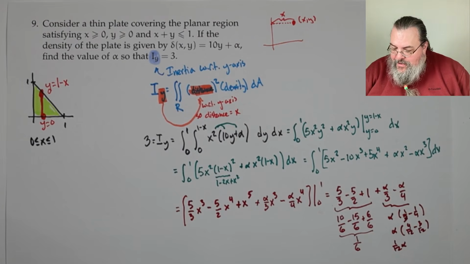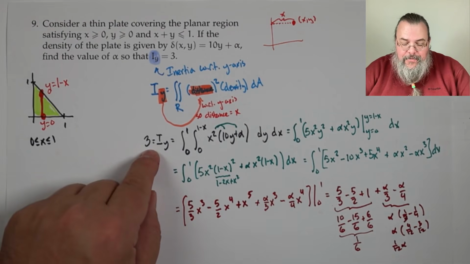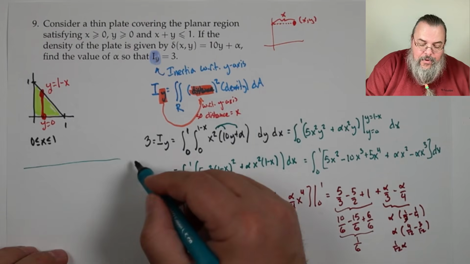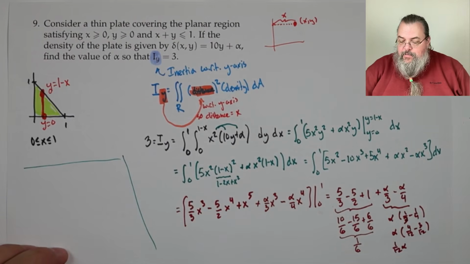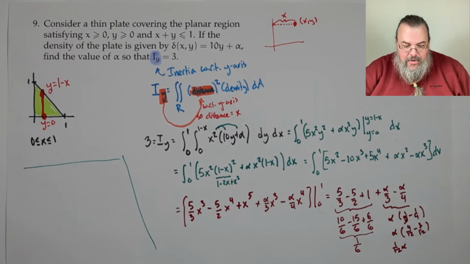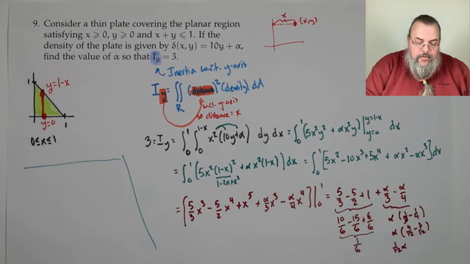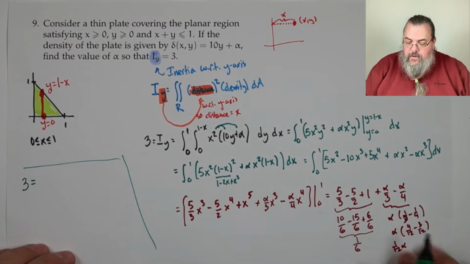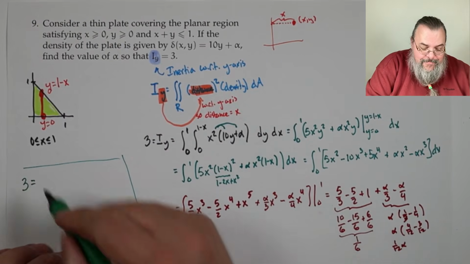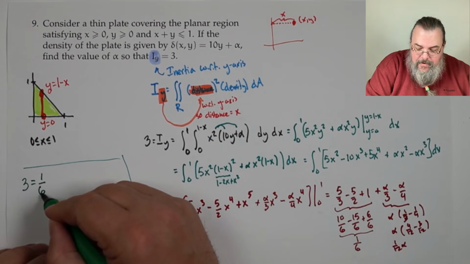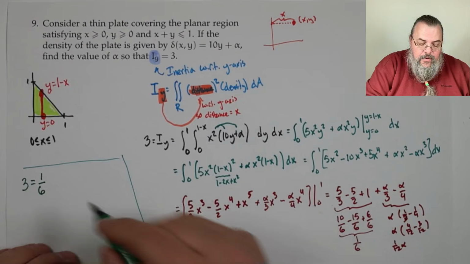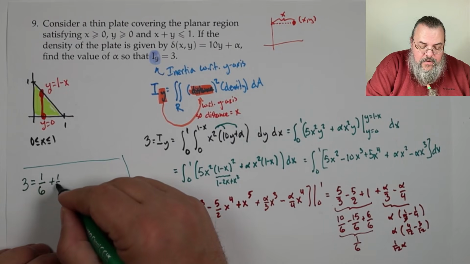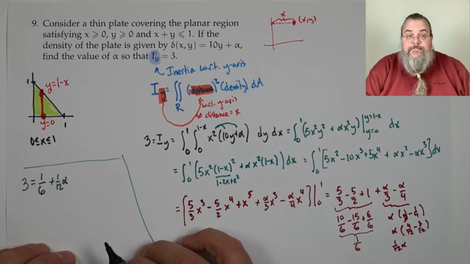All right, so where are we at? Let's remember, we have an integral equal to 3. So we have gone to the following point. Namely, we now know that 3 is equal to 1 over 6 plus 1 over 12 times alpha.